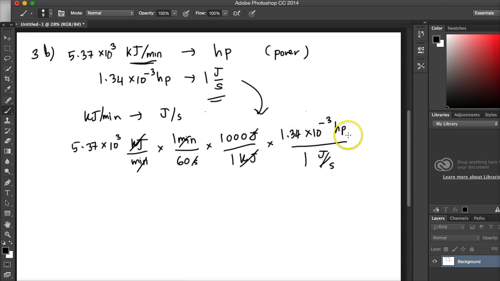So in the end we only get HP, because this 1 over 1 joule per second, you can cancel out joule per second. So finally the value of 5.37 times 10 to the power of 3 kilojoule per minute is equal to 119.93 horsepower, which is roughly 120 horsepower. So that's question 3B. Move to the next question.